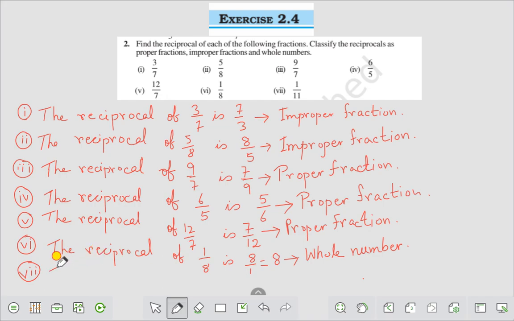Therefore the reciprocal of 1 by 11 is 11 by 1, and that is equal to 11, right? And that is also a whole number.